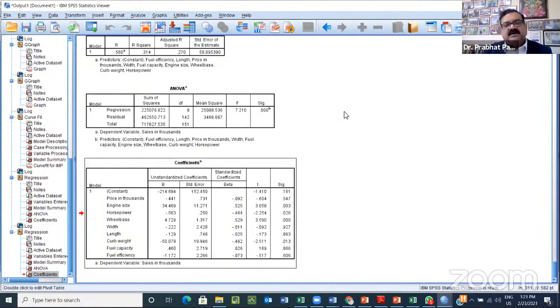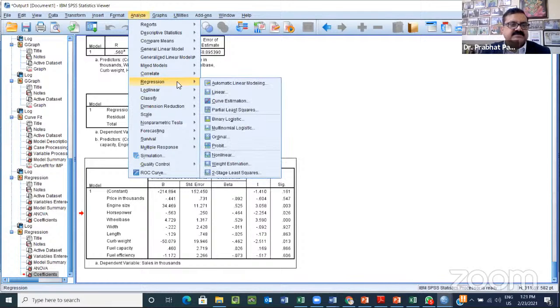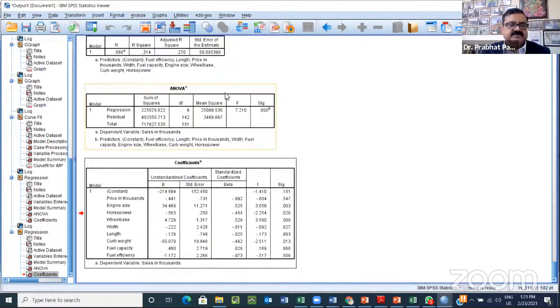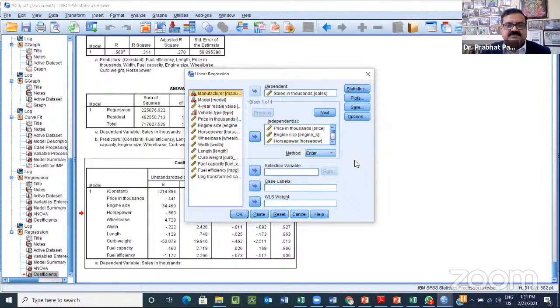It's a clear-cut case of multicollinearity if you look at the correlations table of all the variables with each other. In such a case, what we do is go to Analyze, then Linear, the same table, and then I'm going to click this Method.